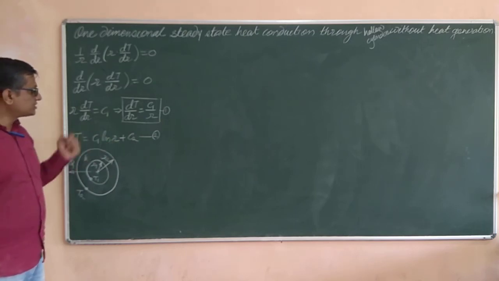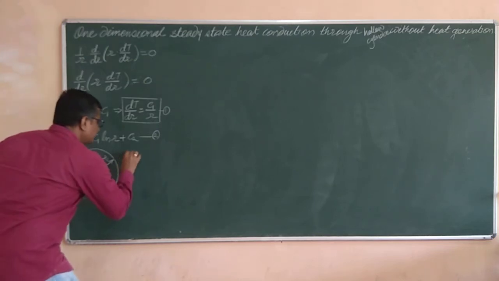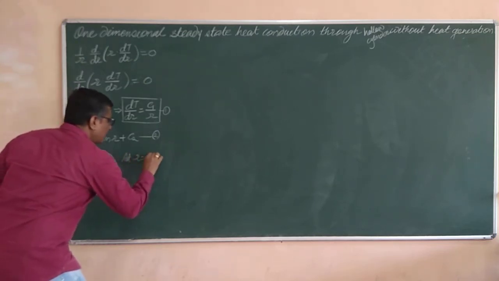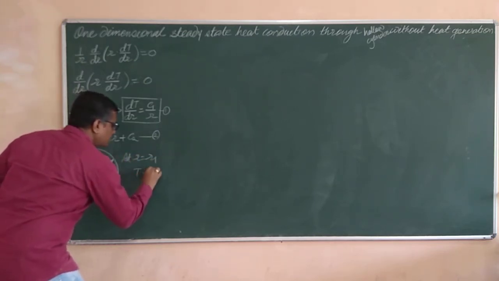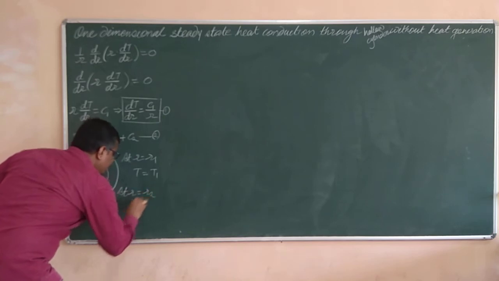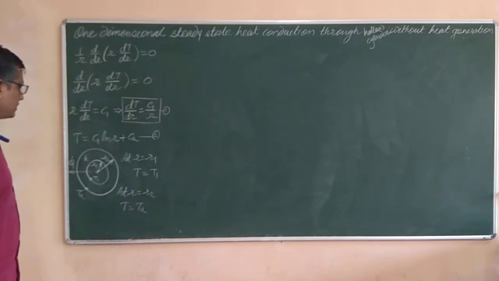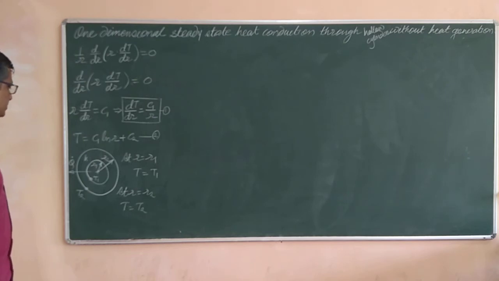If we bring in these boundary conditions, we will get the equations. I would like to write it over here. At r equal to r1, T is equal to T1, and the second boundary condition is that at r equal to r2, T is equal to T2. If we put down these boundary conditions, we will get two equations.